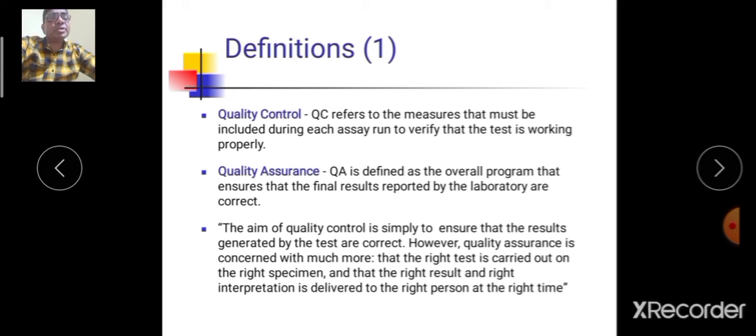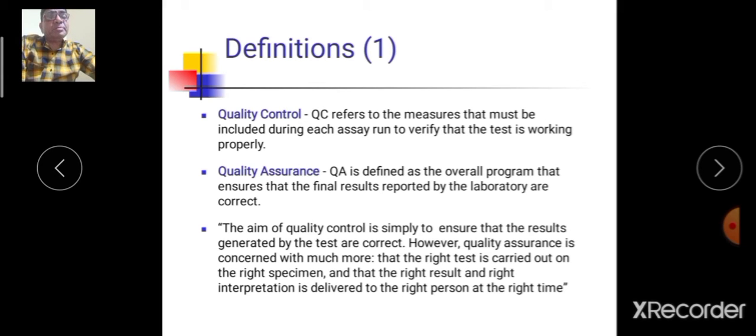QA, that is quality assurance, is defined as the overall program that ensures that the final results reported by the laboratory are correct. The aim of QC is simply to ensure that the results generated by the test are correct.